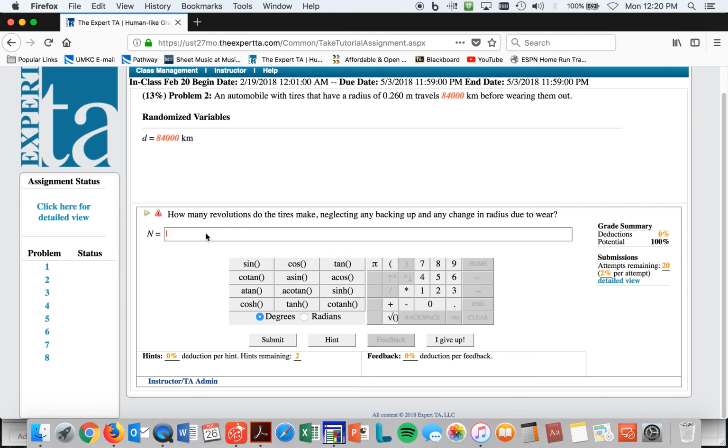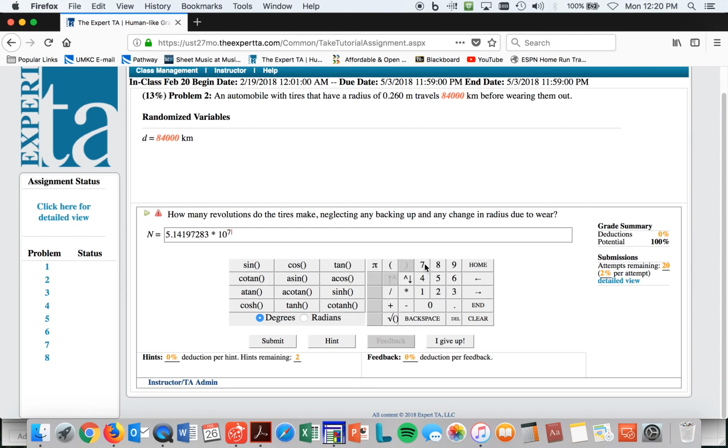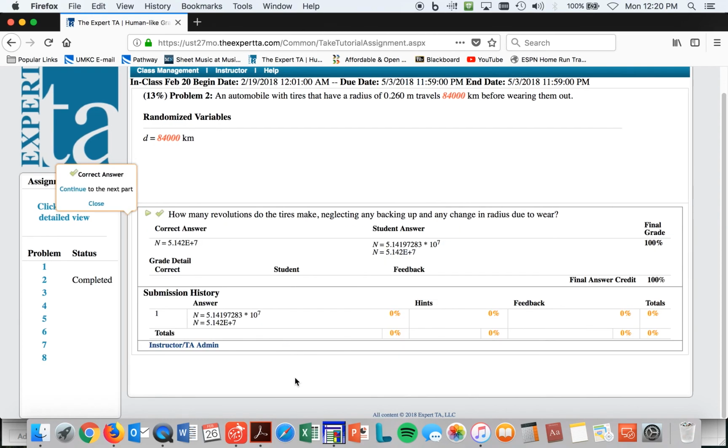N is equal to 5.14197283 times 10 to the 7th power. And there are no units. Yeah, baby. All right, so we're a quarter way done.